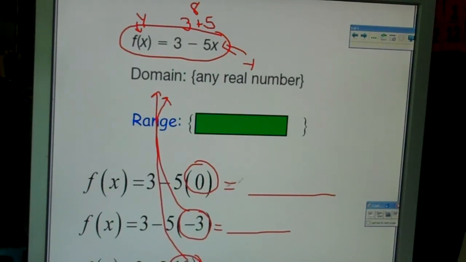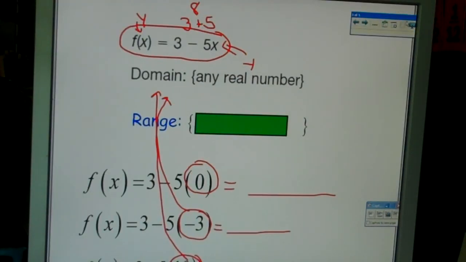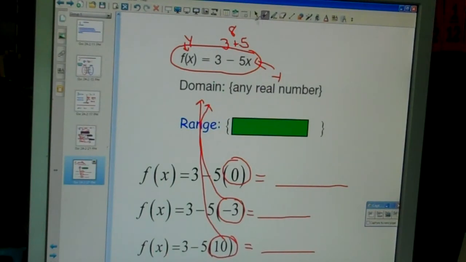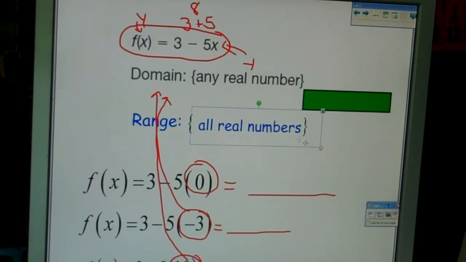If I put any real number in, what am I going to get out? Can I get positive numbers? Negative numbers? Could I potentially get a decimal? Yes, it's all real numbers. So if I'm putting in all real numbers, what's coming out are also all real numbers. And this is set notation.